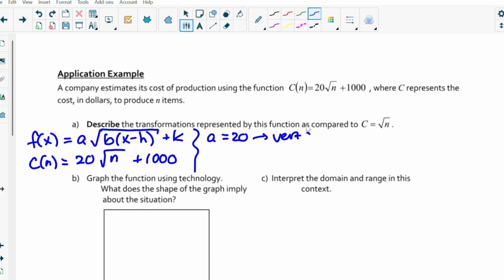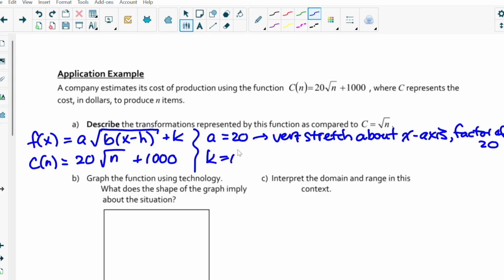That's a vertical stretch factor of 20. Vertical stretch about the x-axis by a factor of 20.